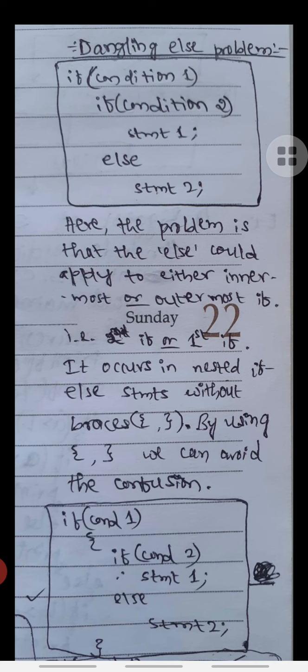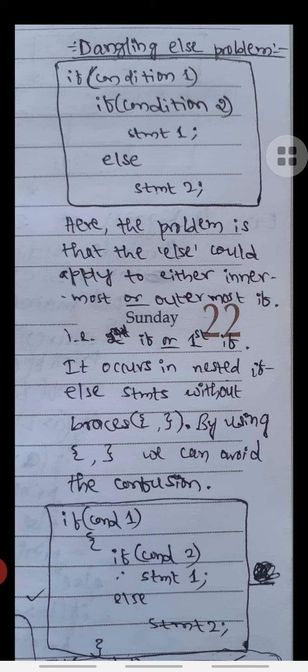The problem is that this else is related to which if statement. That is the question here, whether this else is related to if condition 2 or whether this else is related to if condition 1. Here the problem is whether the else should apply to the innermost if statement, that is the second if, or whether it is applied to the first if. This is a confusion here.